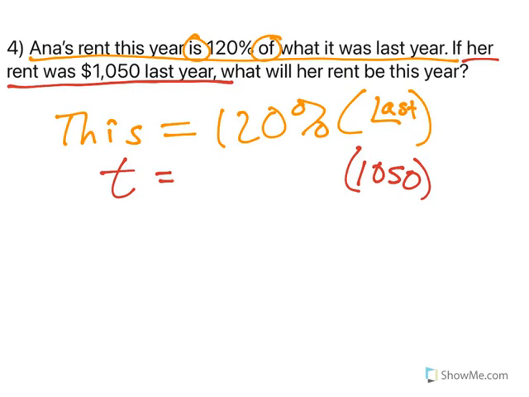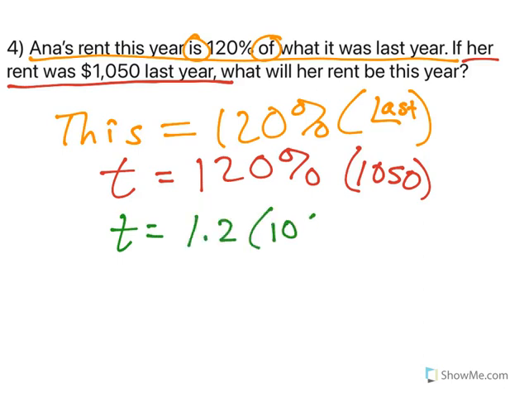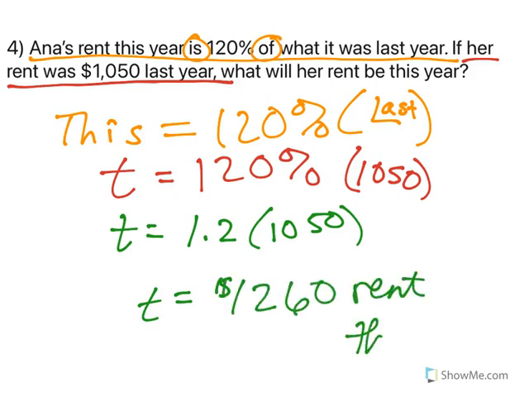Let's call it T. So T equals 120% times $1,050. We change that percent to a decimal. T equals 1.2 times $1,050. That leaves us with T equals $1,260 for rent this year. Use the words to guide your statements.